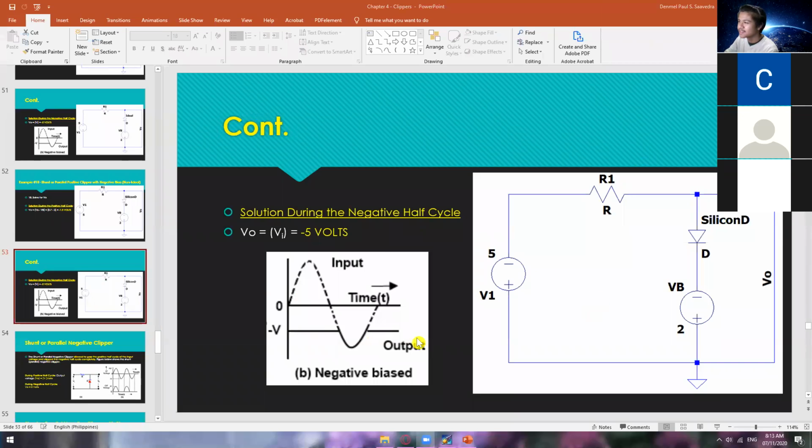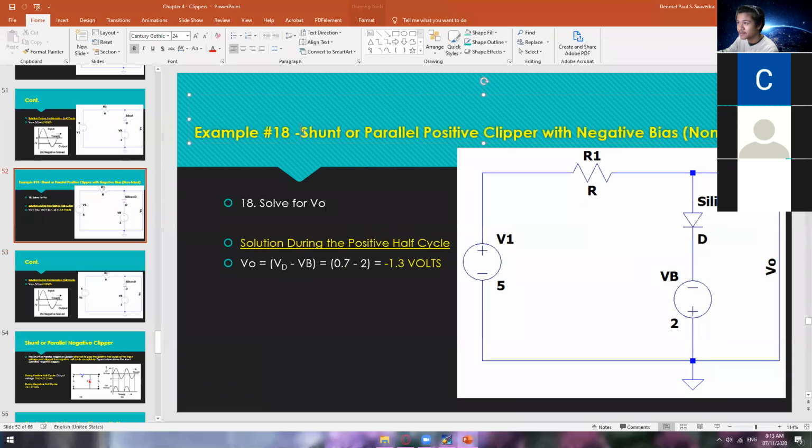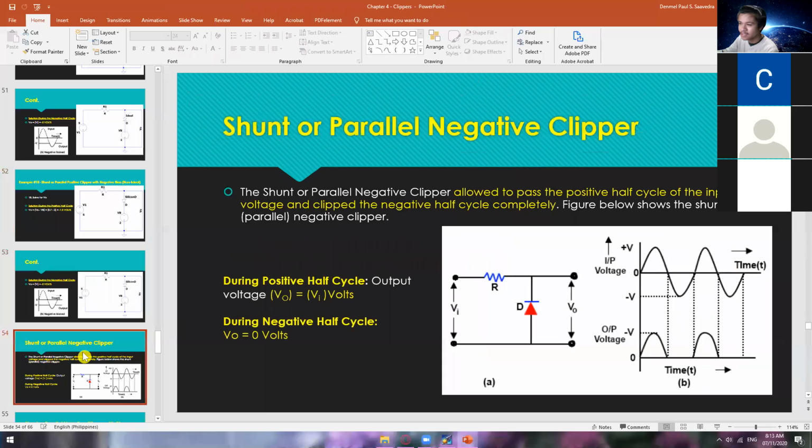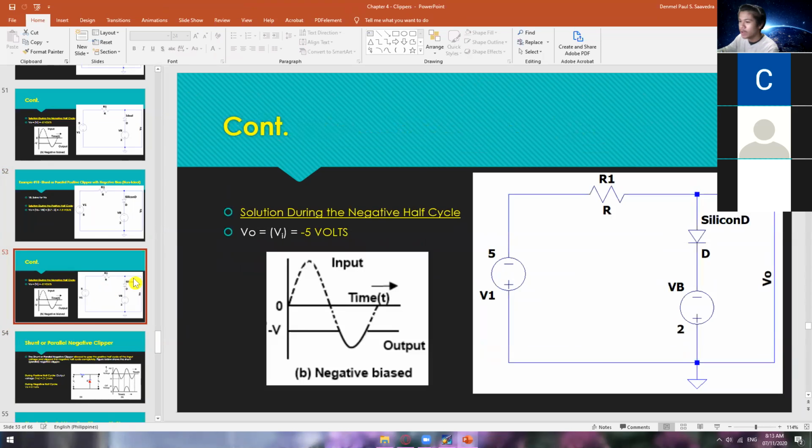If you're having confusion on this, anywhere. As I said last meeting, the title itself doesn't matter. You don't need to know what kind of circuit or what kind of clipper this is, as long as you know how a diode works, when it will block current, when it will become reverse biased, and when it will become forward biased. You simply analyze the circuit and you will know when our V sub O will have the voltage of V sub I, and when it will have the voltage drop of this parallel path.